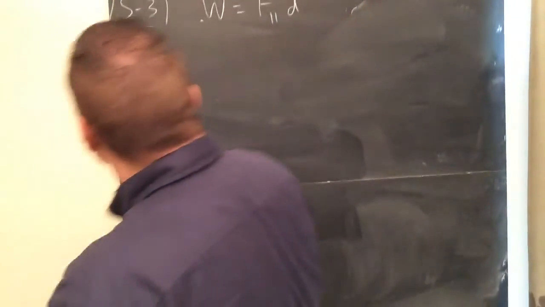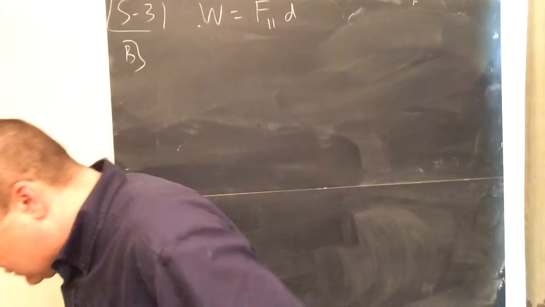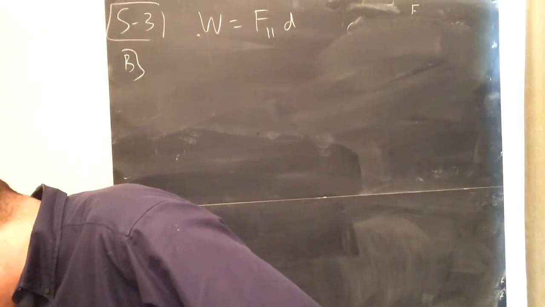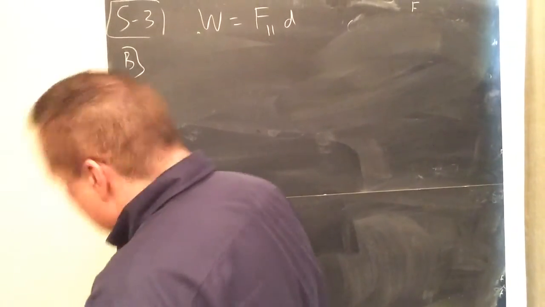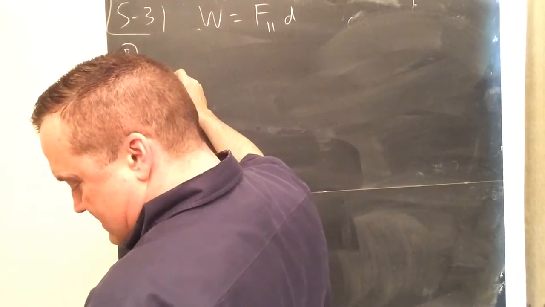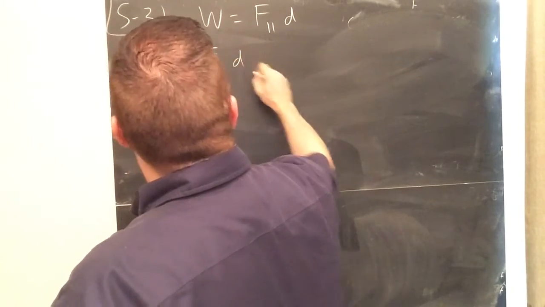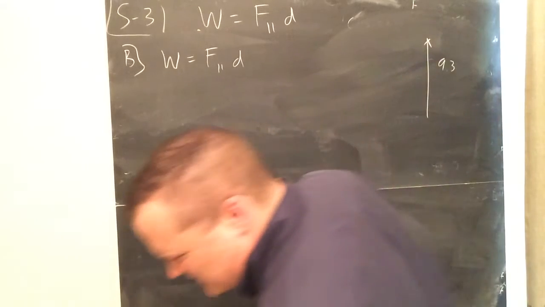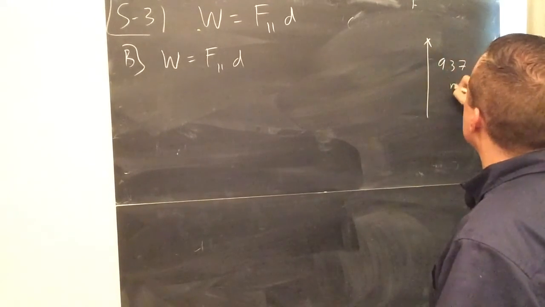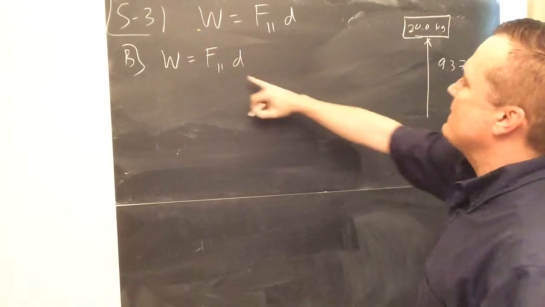Okay. B, how much work is required to lift a 20 kilogram brick to a height of 9.37 meters straight up above the ground? Okay, so this problem is not anything with angles. The work equals the force, parallel, times distance. So if we just go straight up 9.37 meters, and the brick is 20 kilograms, then we got to figure out the force and the distance.